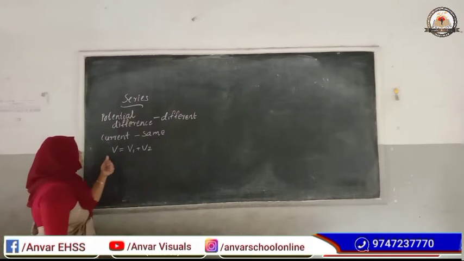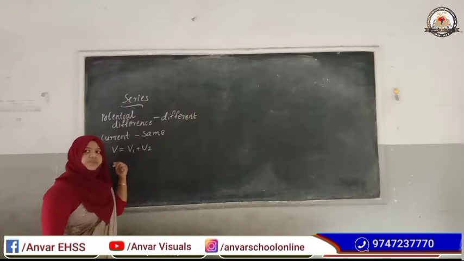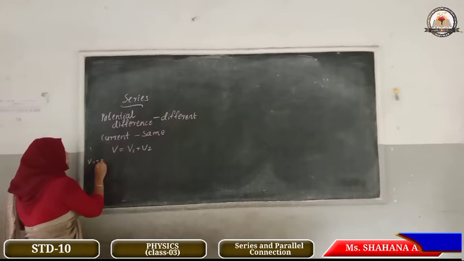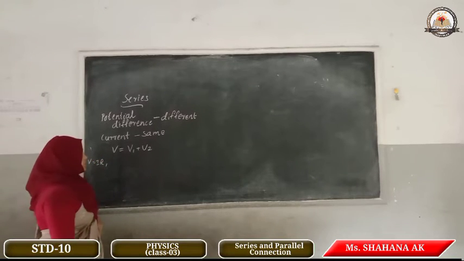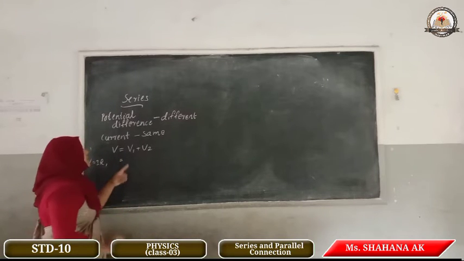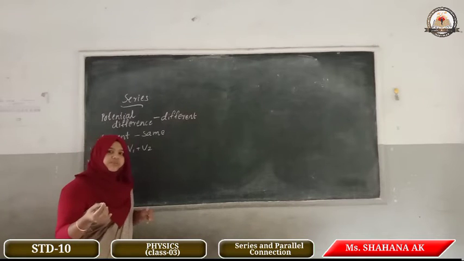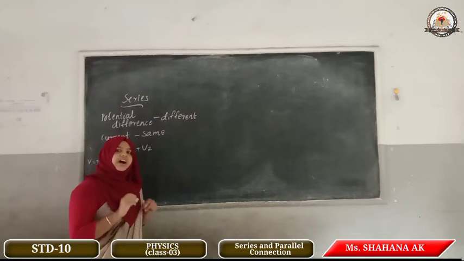What is the equation to find potential difference using Ohm's law? V is equal to IR. We know that V is equal to IR from Ohm's law. Here V1 is the potential difference across resistor R1.